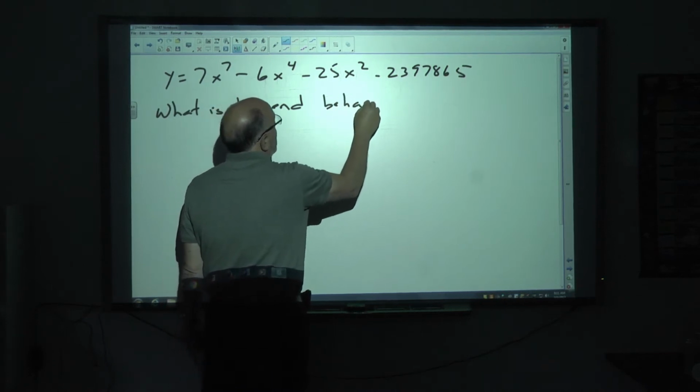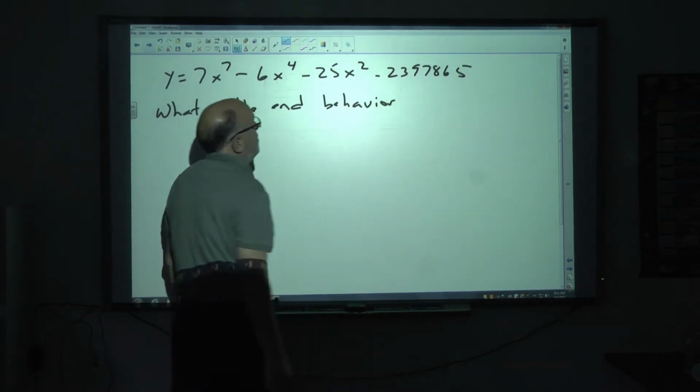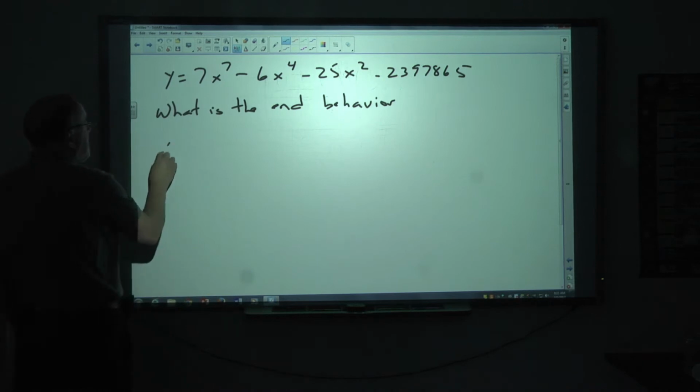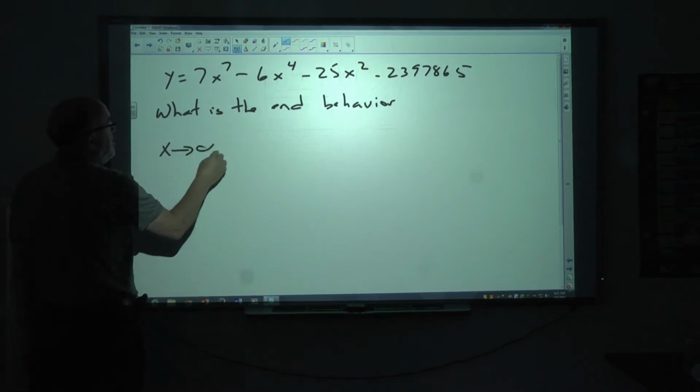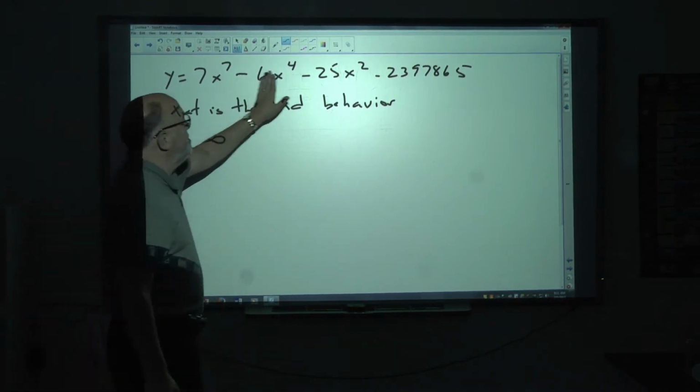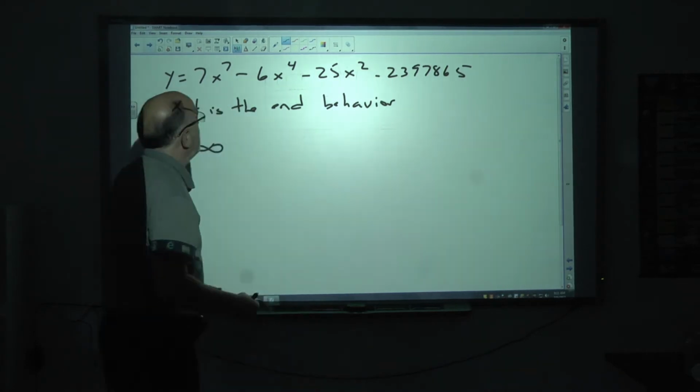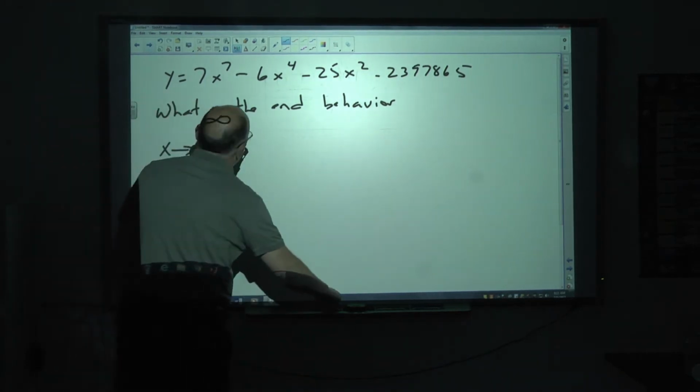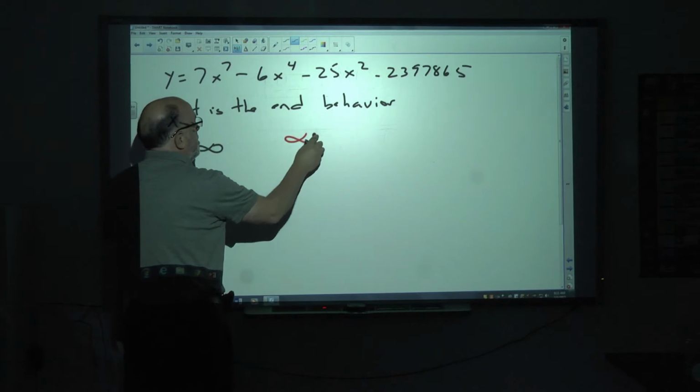As x gets very, very large, as x goes to infinity, all of these other terms have no impact, and so my equation is going to positive infinity.